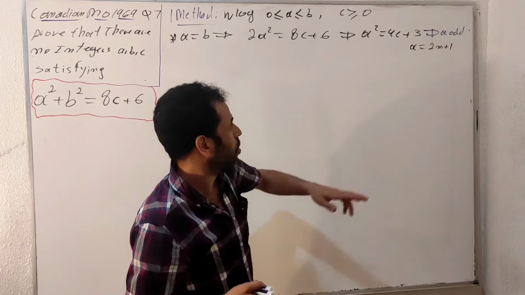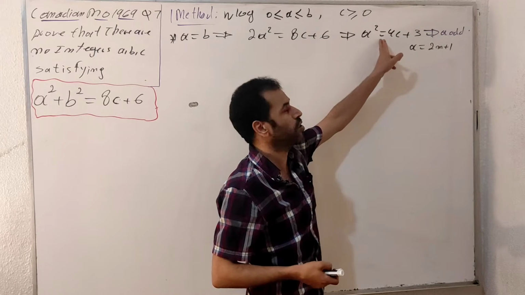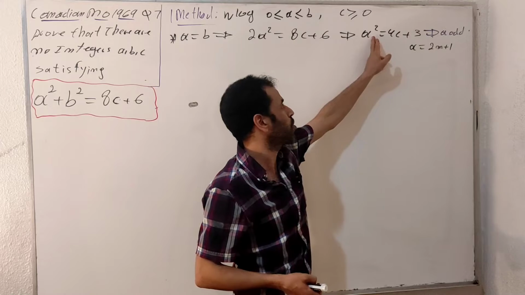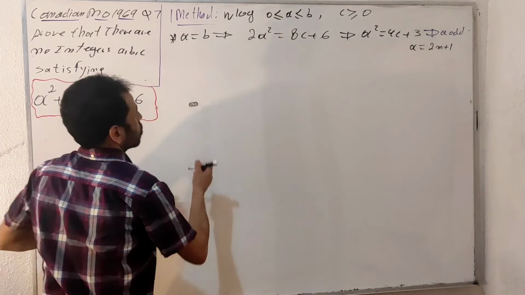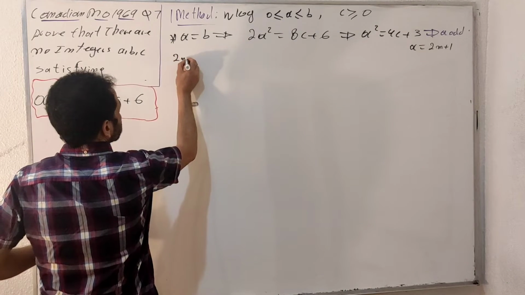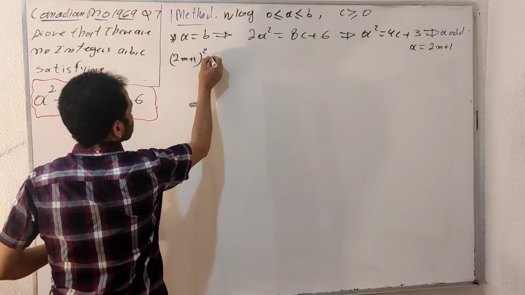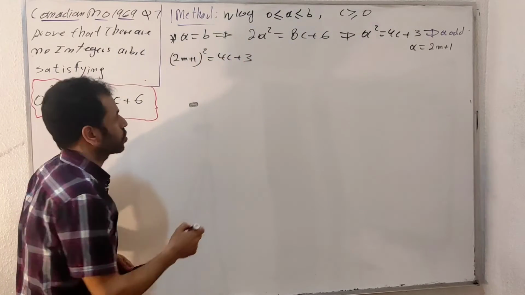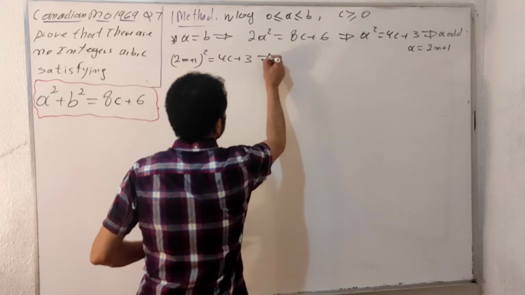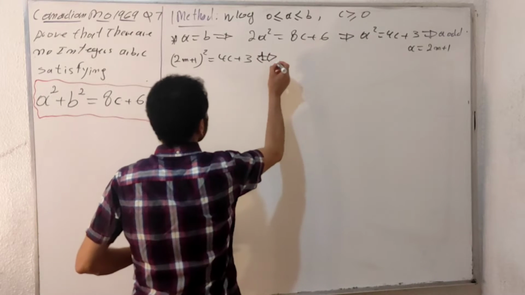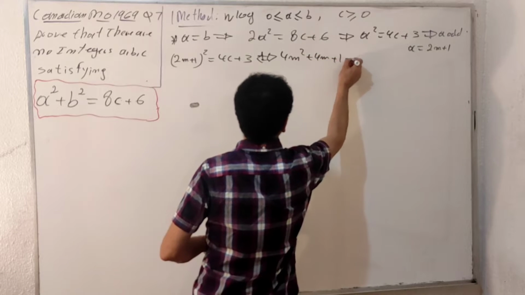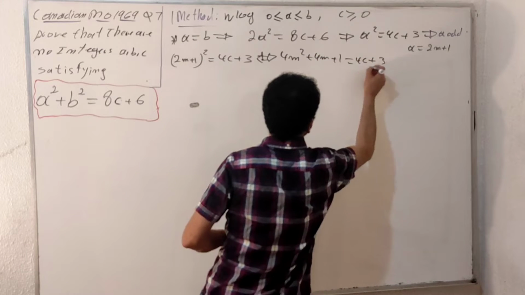Then I'm going to take this value of a and insert it into this equation. So I will have a squared, which is 2m plus 1 squared, equals 4c plus 3. I'm going to distribute this one, so I will have 4m squared plus 4m plus 1 equals 4c plus 3.